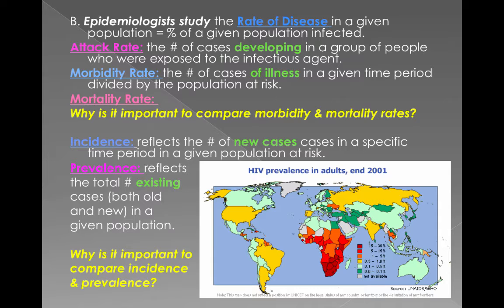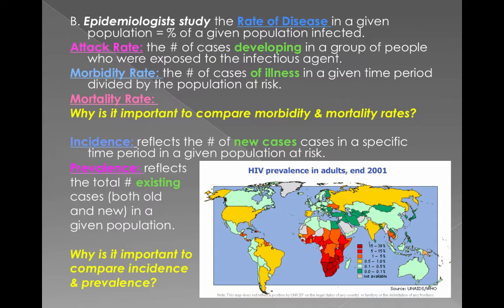Let's say we only had 5 individuals who were susceptible, just to throw out a number to make it easy. And only 1 actual case of the 2-day disease developed. That would mean, after the exposure to that pathogen, the attack rate would be 20%, 1 in 5 people.